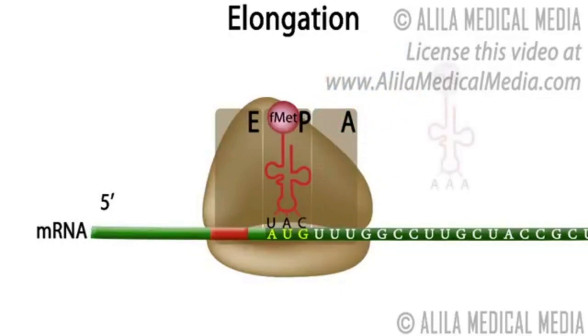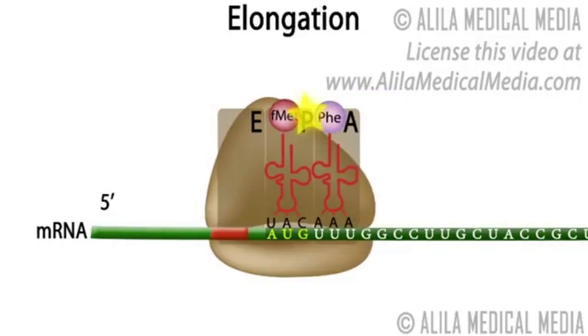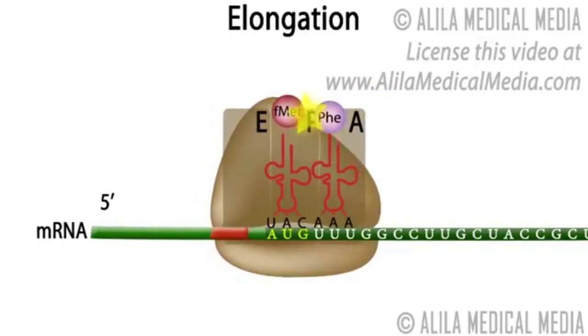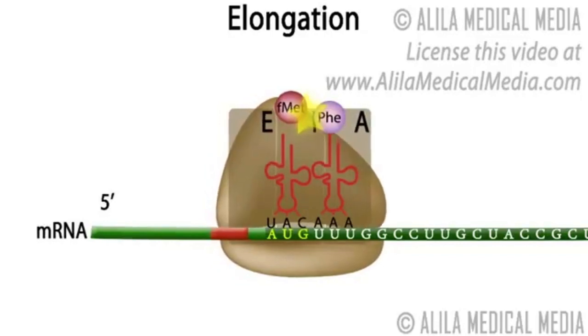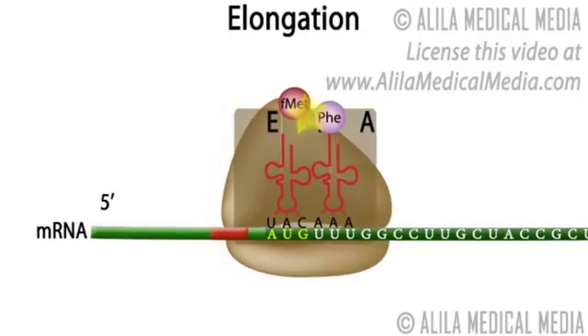When the right aminoacyl tRNA enters the A site, a peptide bond is made between the two now adjacent amino acids. As the peptide bond is formed, the tRNA in the P site releases its amino acids onto the tRNA in the A site and becomes empty.